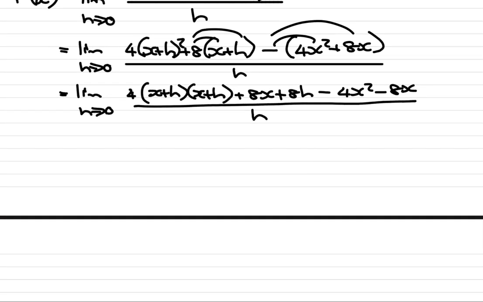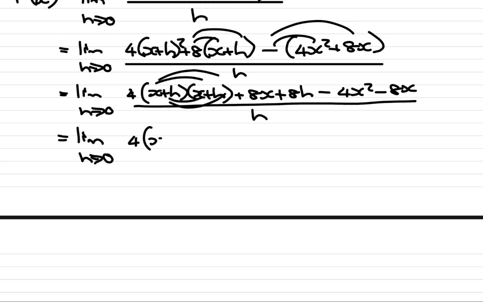Okay, so let's further simplify as far as we can, and we're going to keep this h as the limit as h approaches 0, because at the moment we know that h is in theory 0, but we can't make it 0 because otherwise this fraction would be undefined. So let's simplify this further. I'm going to keep my 4 on the outside and FOIL this.